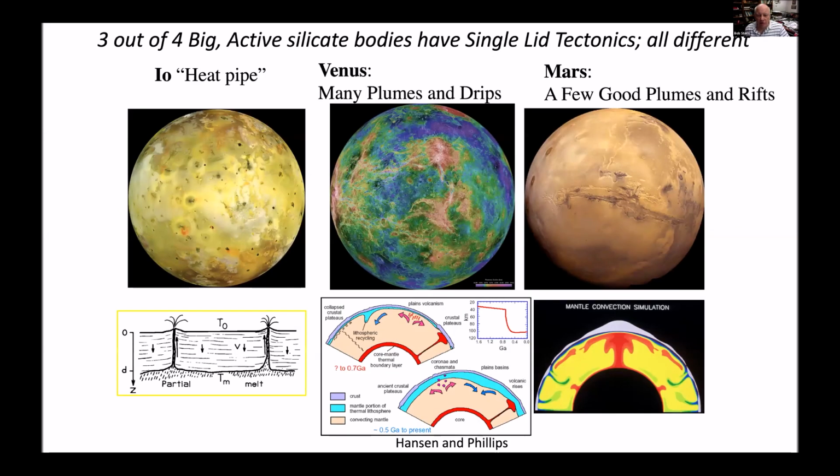So we all agree that Earth is unique among the silicate bodies of the solar system, the actively convecting silicate bodies of the solar system, and that the other three have some different style that ranges from Io's heat pipe to Venus's many plumes and drips to Mars's sluggish, a few good plumes and drips.